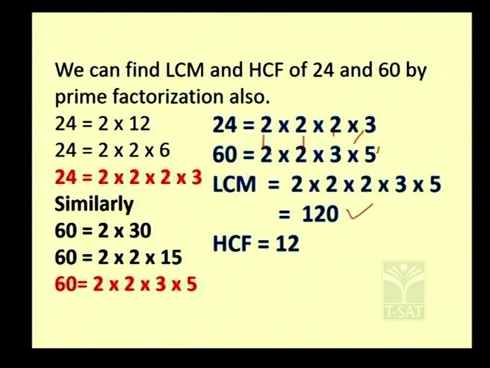And for HCF, the common factors are taken only once: 3, 2, 2. So, that is 12. This is the method for finding the LCM and HCF of given numbers by using prime factorization, which we are going to learn in our next classes.